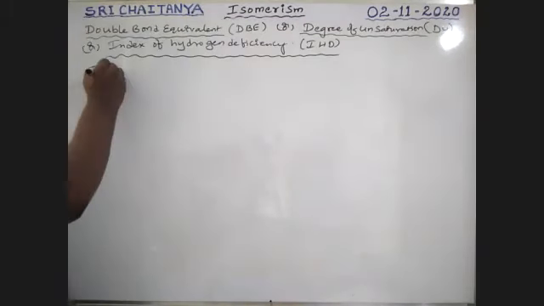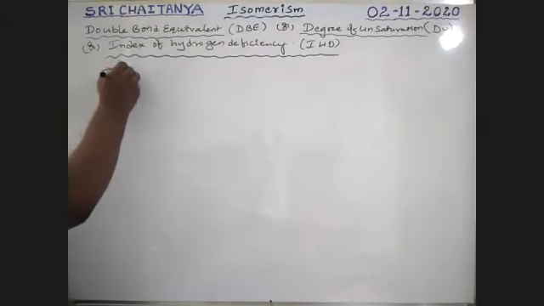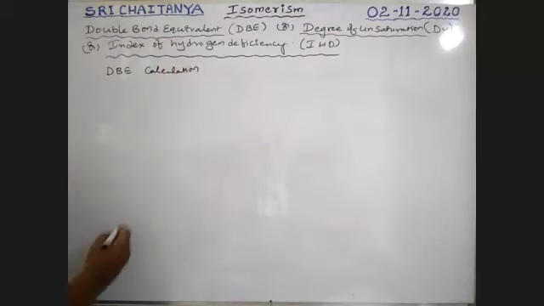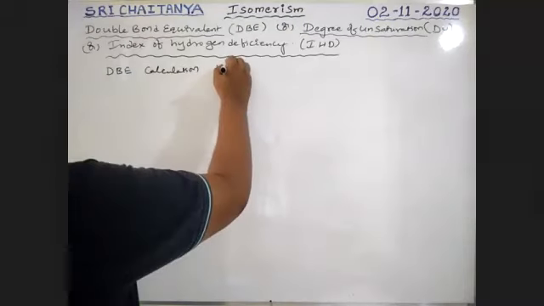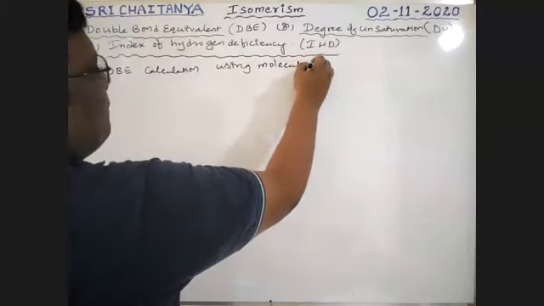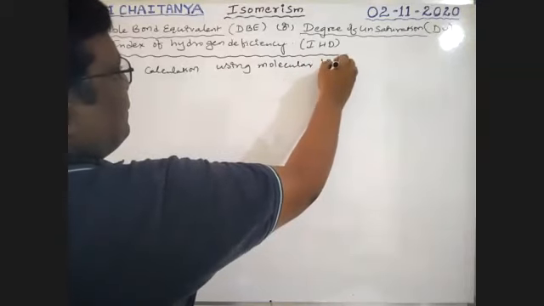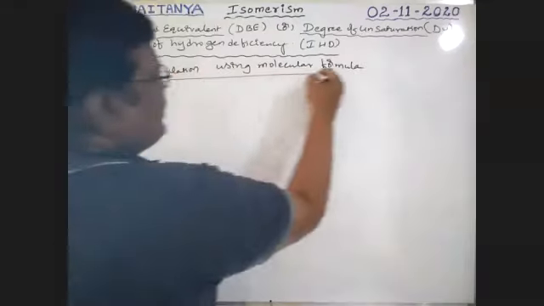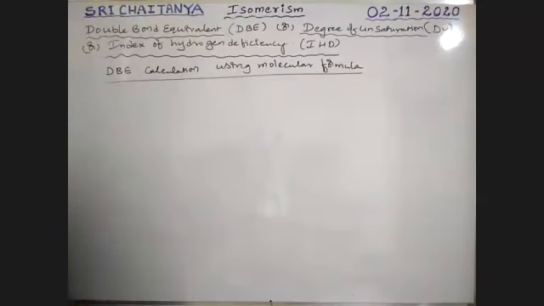Double bond equivalence calculation, that is degree of unsaturation calculation using molecular formula.